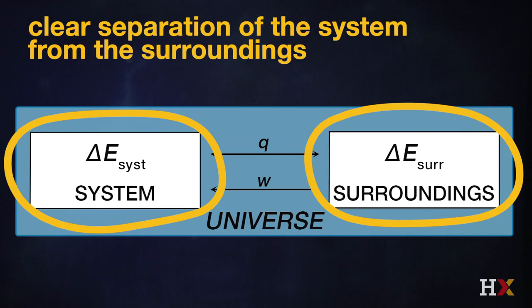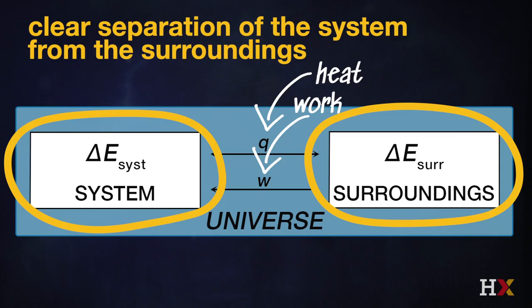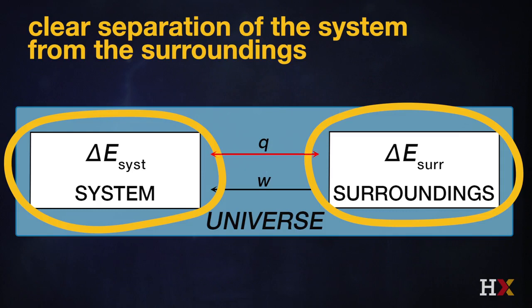And so we're going to discuss heat, which we represent as Q, and we're going to represent work, which we represent as W. But we're going to look very carefully at the fact that this heat is going to go into or out of the system, as is the work done on or by that system. So this exchange between the system and its surroundings becomes very important.